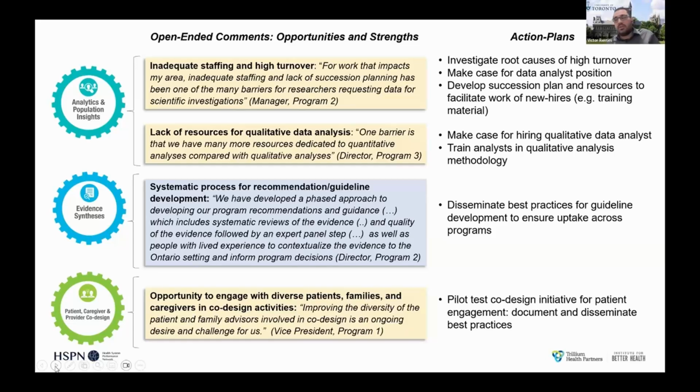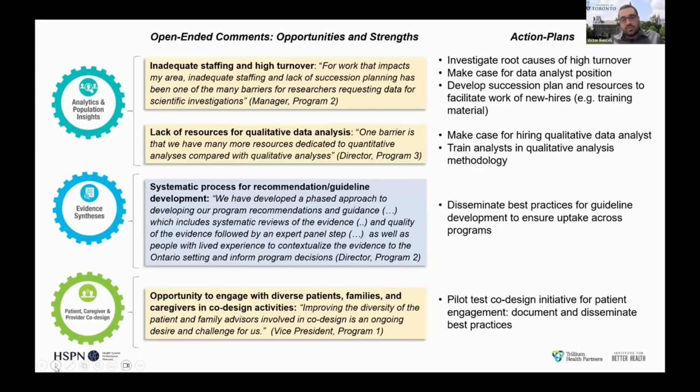That might be something that we want to disseminate as a best practice across this large organization. Disseminating those best practices that have been developed in specific programs and areas could be a good strategy to enhance performance and break silos, right? So disseminating those best practices.